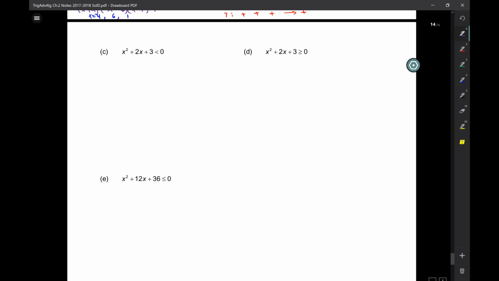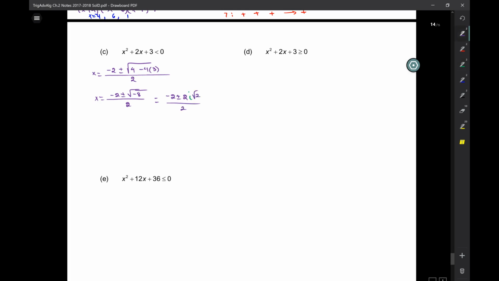So let's use the quadratic formula. x equals -b plus or minus the square root of b squared minus 4 times a times c, all over 2a. x equals -2 plus or minus the square root of 4 minus 12, which is -8, all over 2. And what happened? -2 plus or minus, you have an i. 2i root 2 over 2.